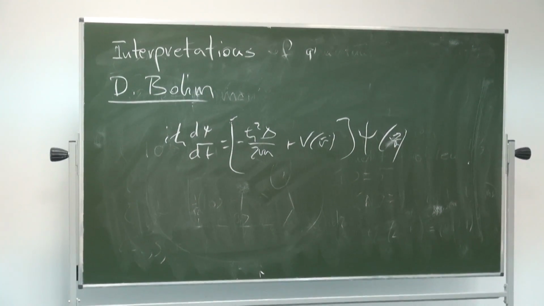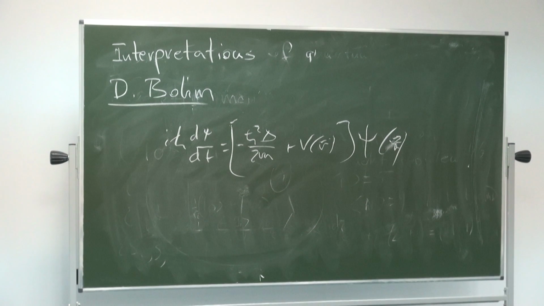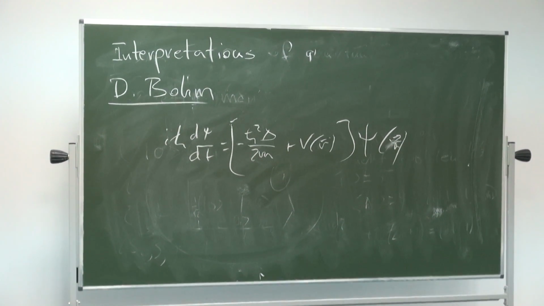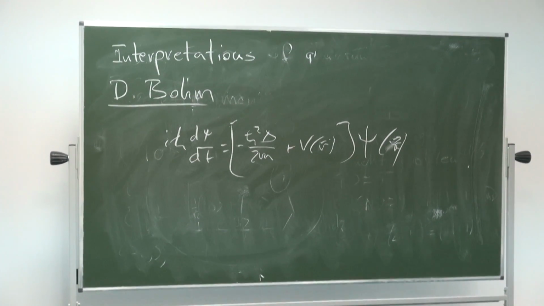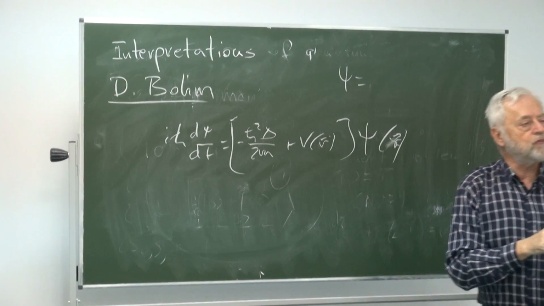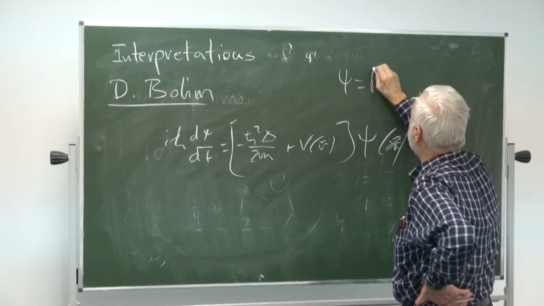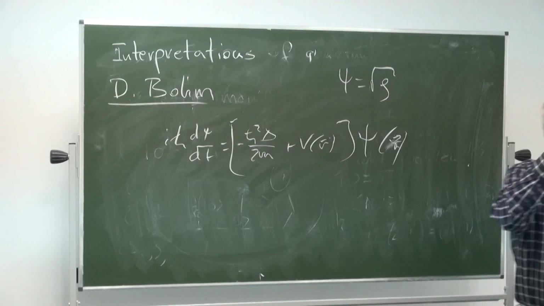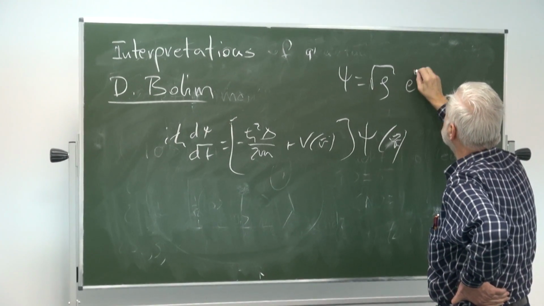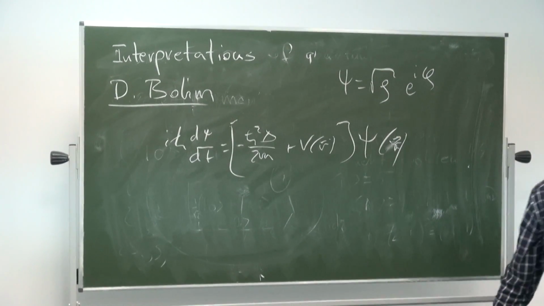However, he did not choose the real part of psi and the imaginary part of psi, but rather the modulus and the phase. So in other words, Madelung wrote the wave function in the form of the square root of a density, of the probability distribution, times e to the i phi.